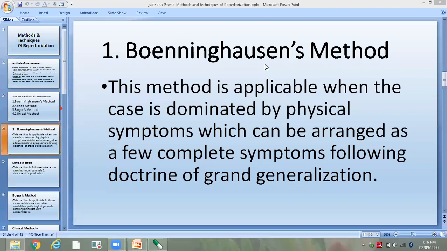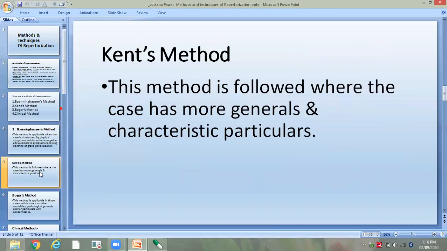Then what is Kent's philosophy? Dr. Kent gave more importance to general symptoms. Which symptoms are called general symptoms? What is a general symptom?